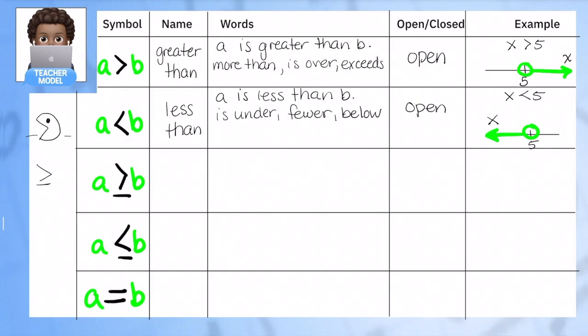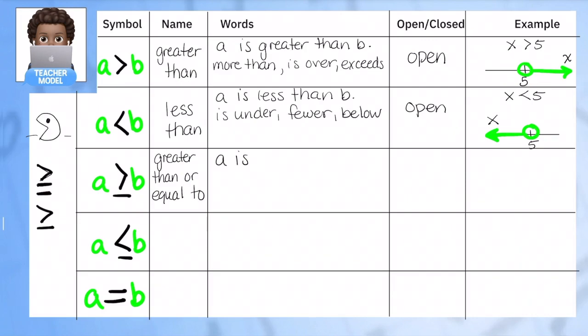So let's look at these with those underlines in them. Those underlines are combinations of two symbols. It's greater or less than plus an equal sign. But instead of it looking like this, they just add one equal sign to the bottom. That's all it means. So I would read this one as greater than or equal to.